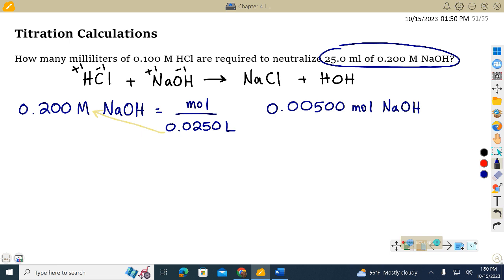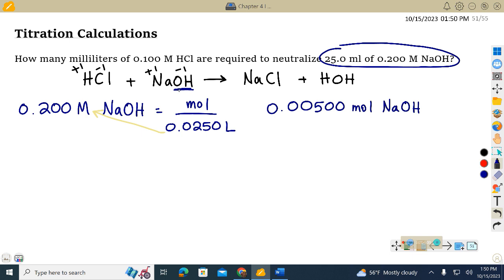One solution's got to give you enough information to find moles. It could also be a solid. Maybe they're using 25 grams of a solid. Well, I could turn that into moles, but I got to be able to get moles, because the whole point of this is that when I neutralize the base being the sodium hydroxide, I've got the perfect stoichiometric ratio from the balanced equation.